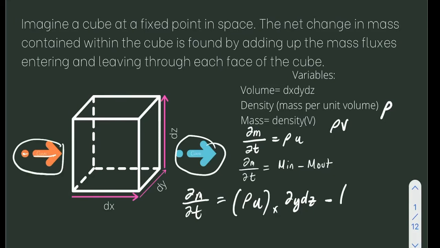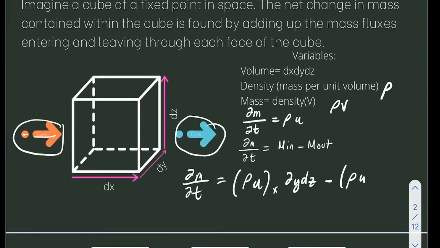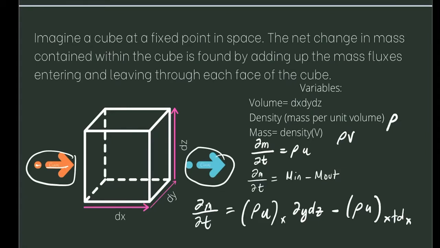So you have rho u at x plus dx times dy dz. So this is your change in m with respect to time, equal to rho u times dy dz. Ito yung sa x direction niya upon entering, and ito yung paglabas niya dun sa fixed cube.